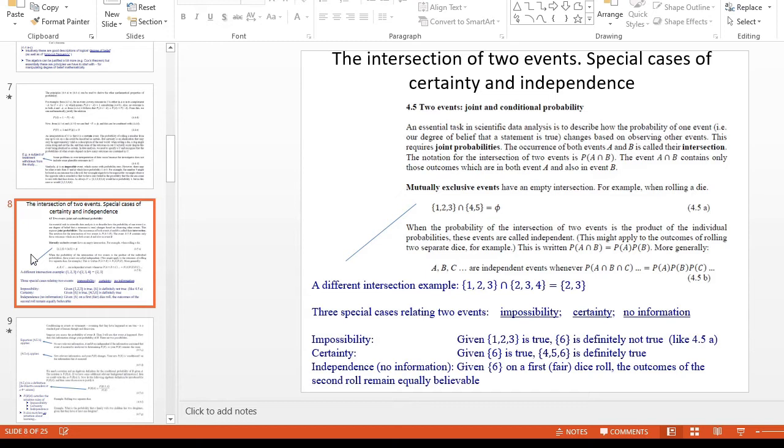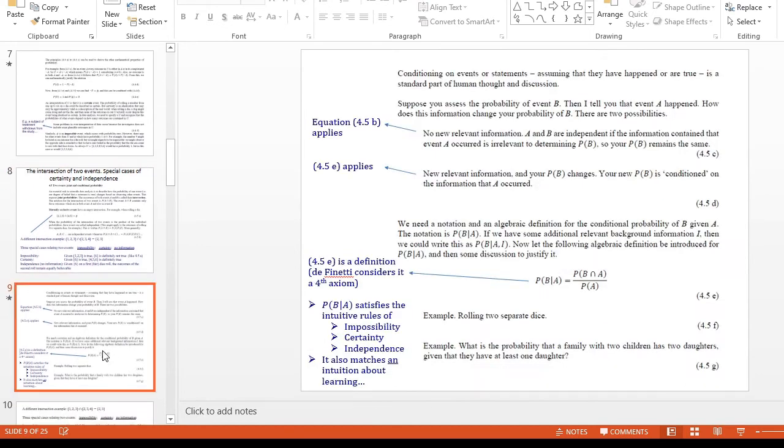Or to put it another way, independence happens when knowing that one event has happened tells you nothing about whether the second has happened. So, for example, rolling a 6 on one die provides you no information about the statement, it is raining, to give you an example of something where there's obviously independence.